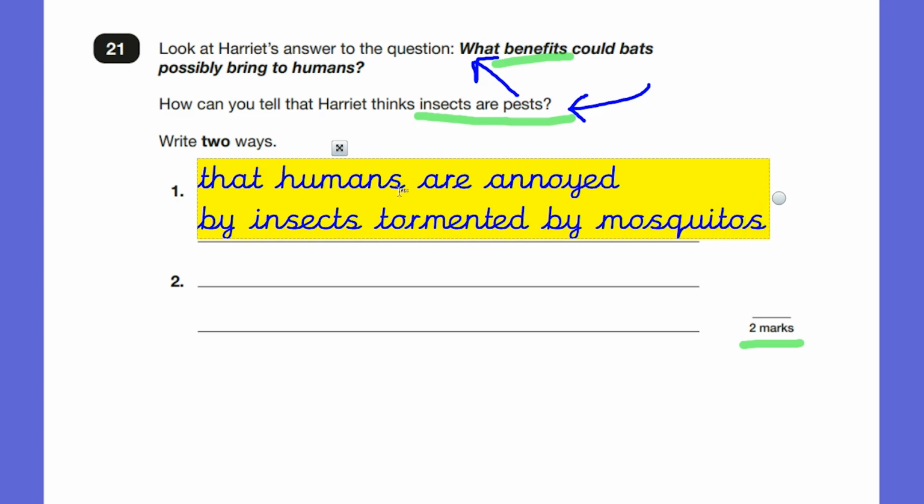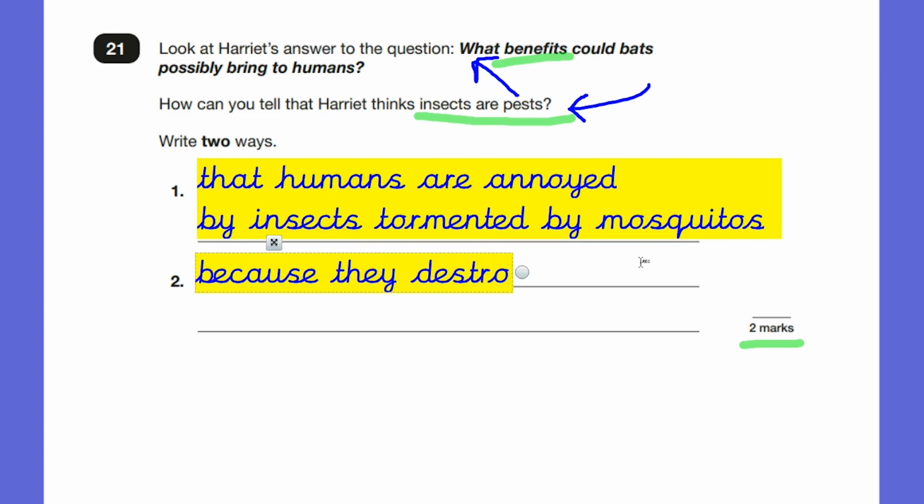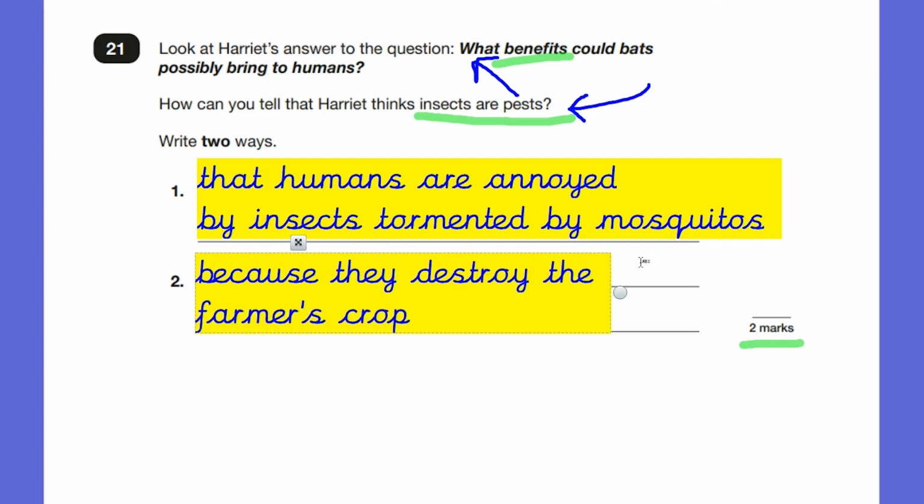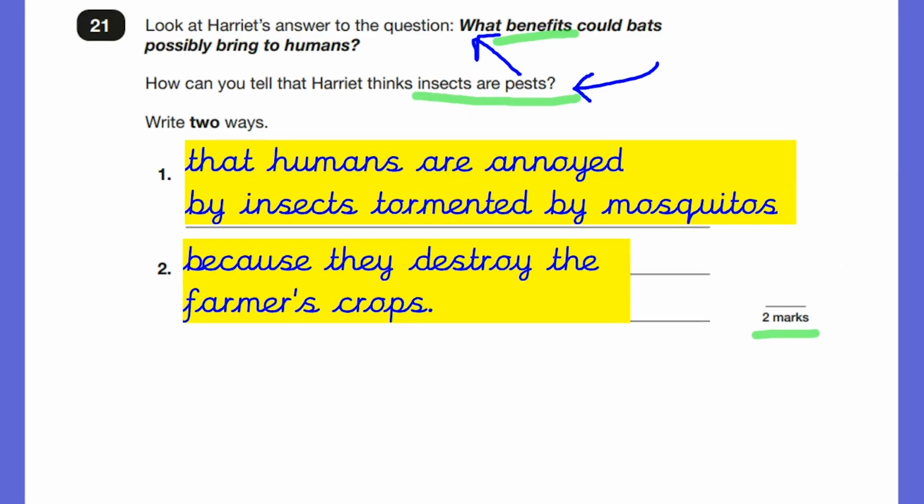Humans are annoyed by insects, tormented by mosquitoes. That will be one way. And how else do we know that she thinks they're pests? Because they destroy the farmers' crops. So there would be our 2 reasons for 2 marks.